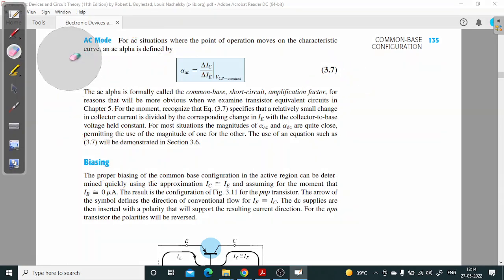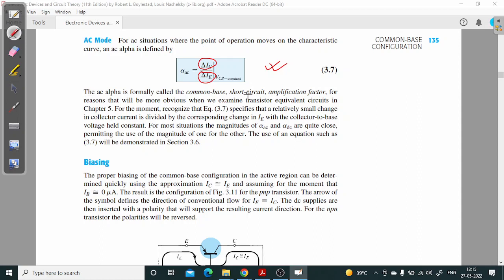So this was about common base configuration. You go through this section, and the definition for alpha AC is the same, IC by IE, but for AC, so it is the ratio of change in IC by change in IE, nothing much. For all practical purposes we can take the value of alpha DC as equal to alpha AC, so we can interchange these values, the values are similar.